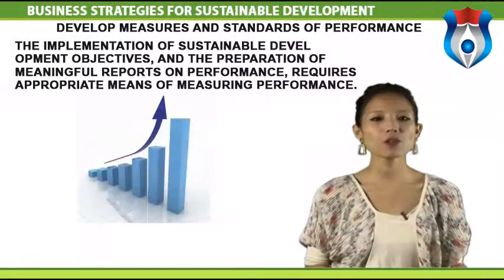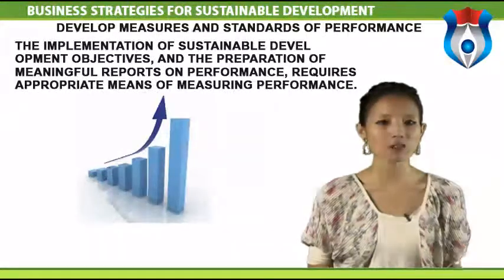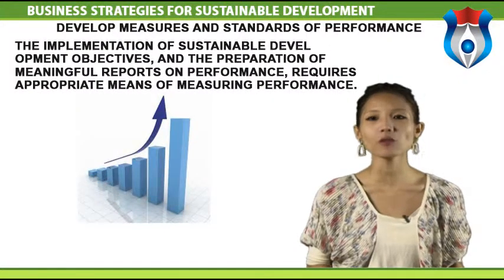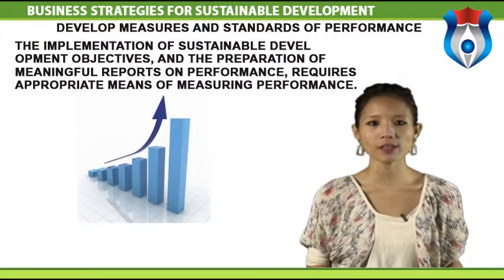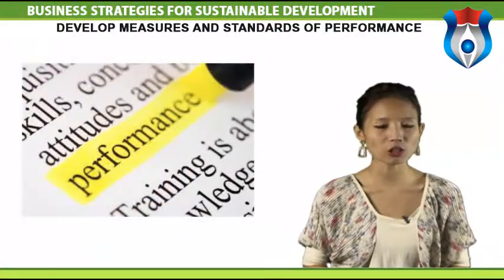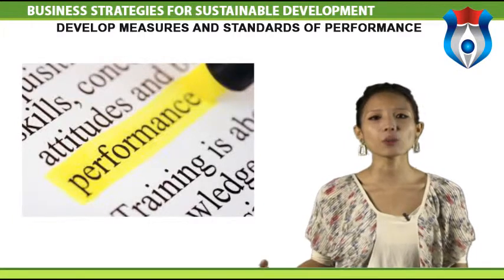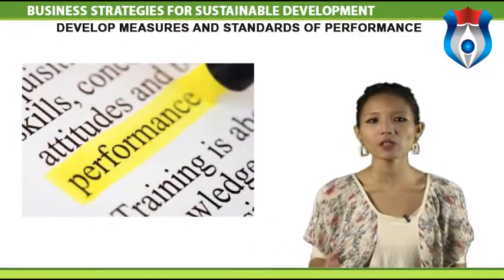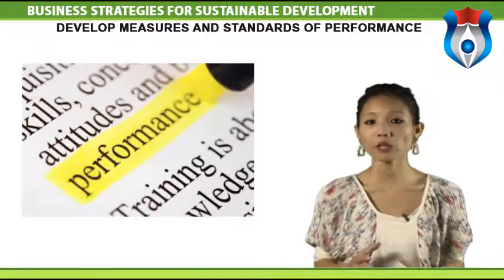The implementation of sustainable development objectives and the preparation of meaningful reports on performance require appropriate means of measuring performance. Management control as well as external reporting depends in part on the availability of timely information about company operations.